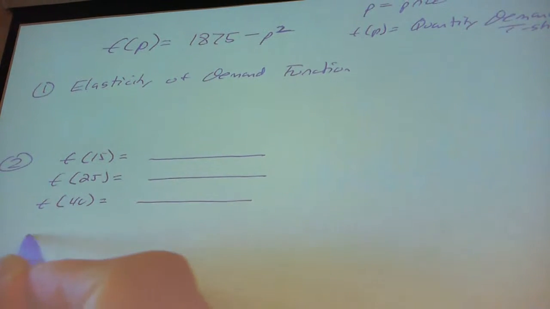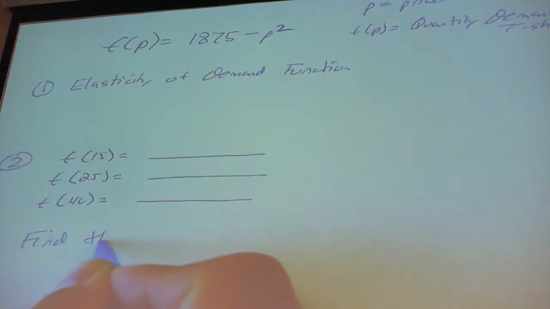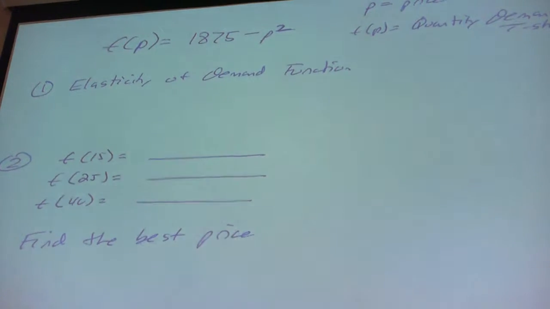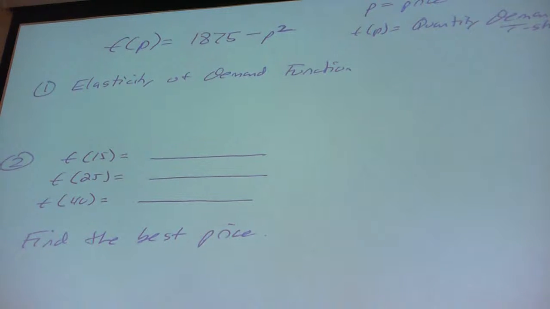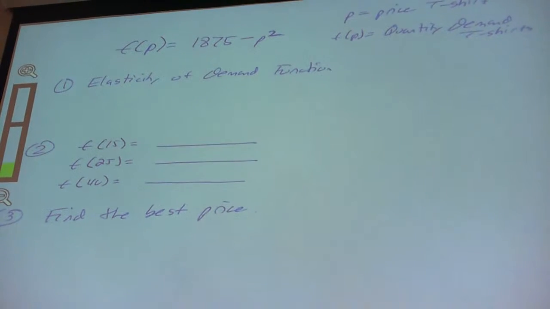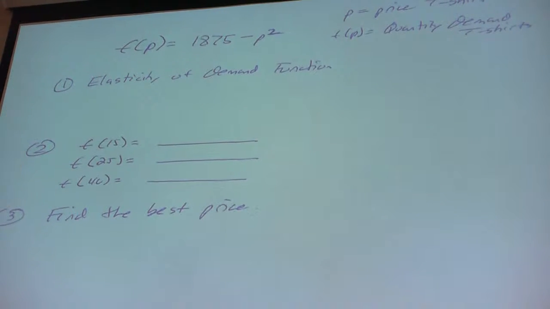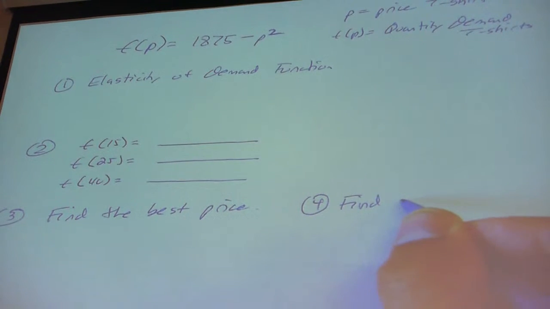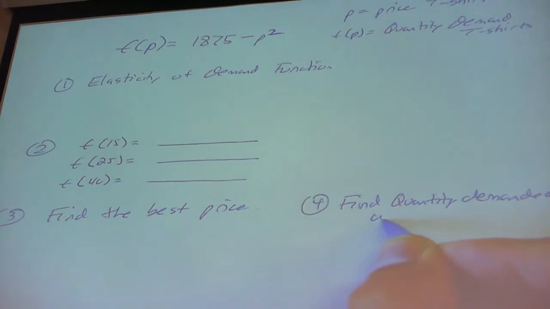F of 40, talk about it. Then I want you to find the best price. Even if you already found it, find the best price, do the algebra. Even if you already have it, practice that algebra. Then question 4, find the quantity demanded at the best price.